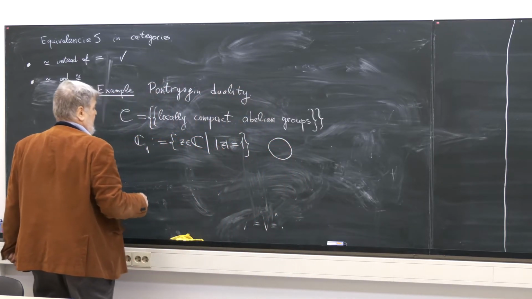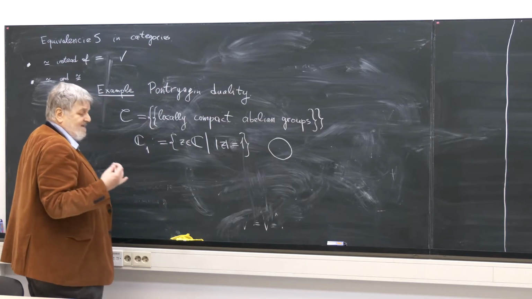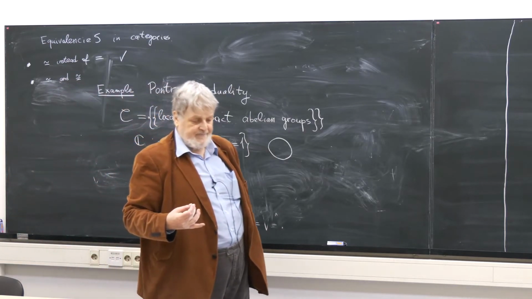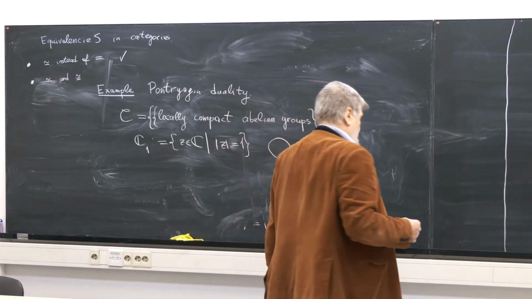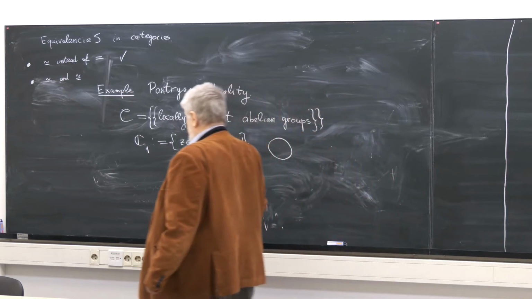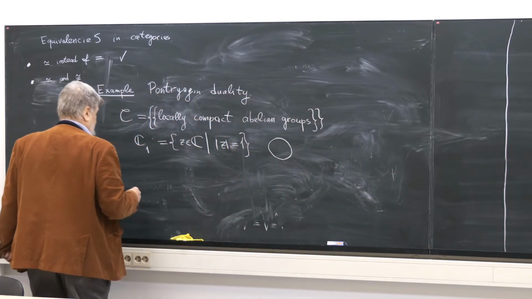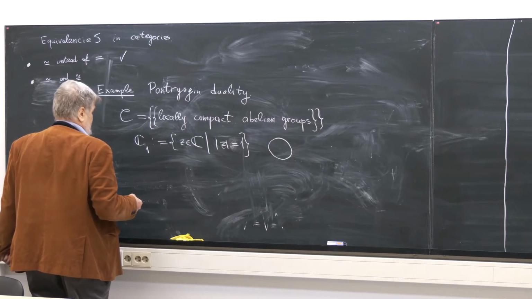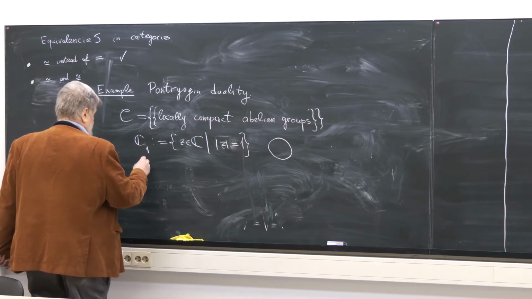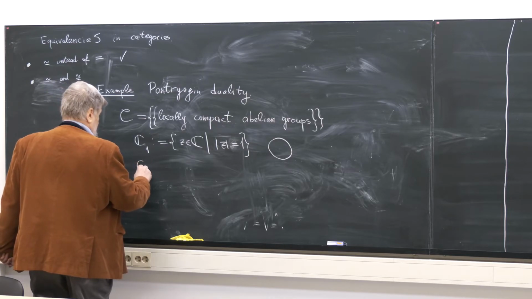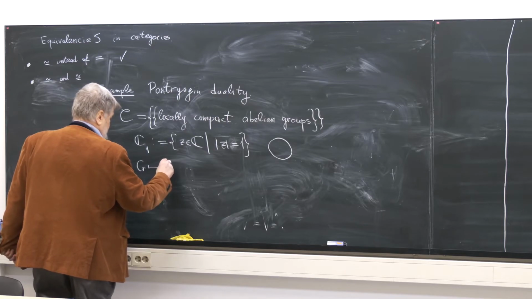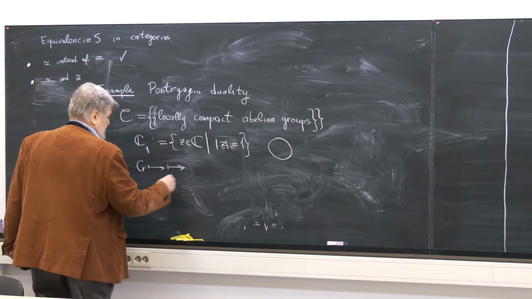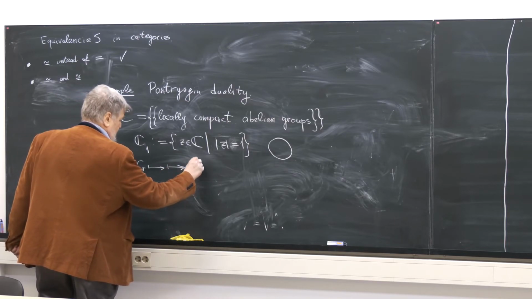And then the Pontryagin duality is similar to taking the conjugate linear spaces, and well, it is taking the group of characters for which we do not introduce any notation, but here to an object J, Pontryagin dual is associated.